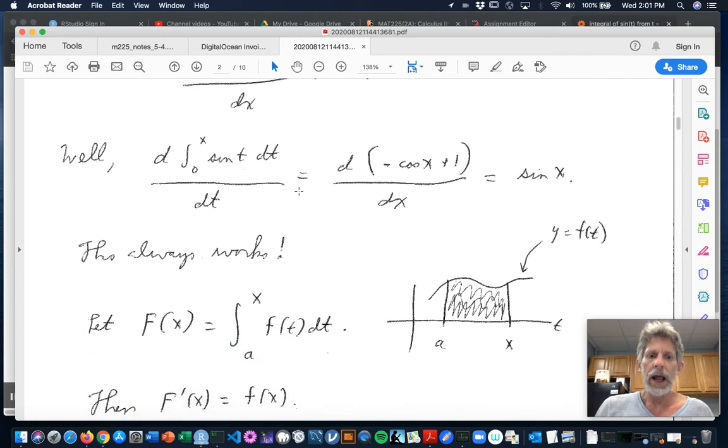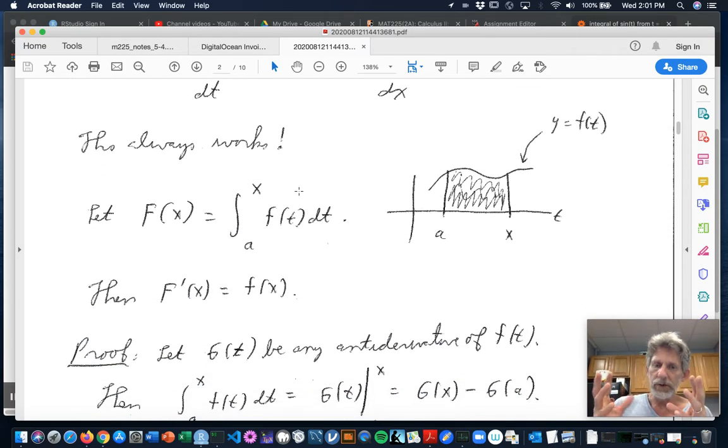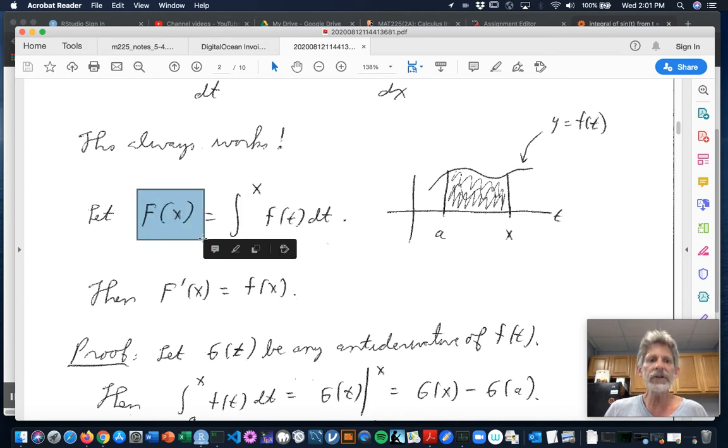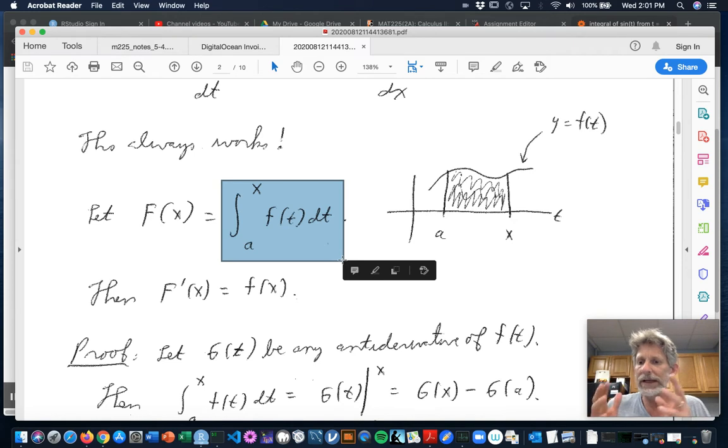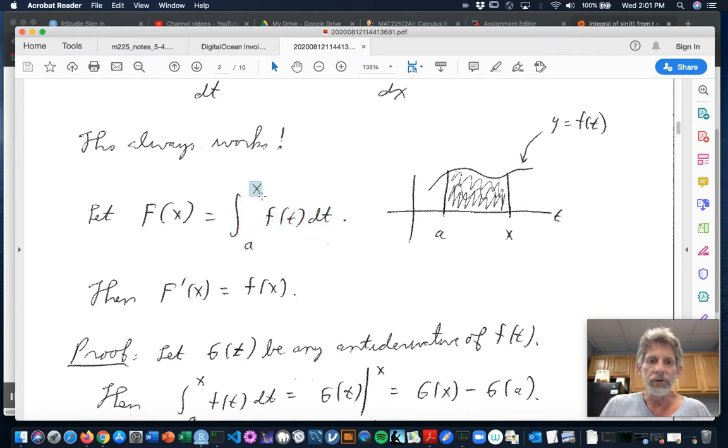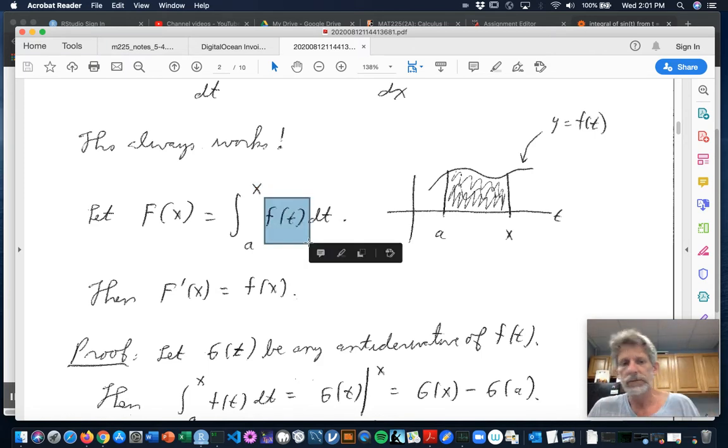Okay? And what I would like to point out to you is that this actually always works for any area under the curve function. Imagine capital F of x is the integral from some starting point a, some fixed number a, up to a variable endpoint x, underneath some curve f of t.